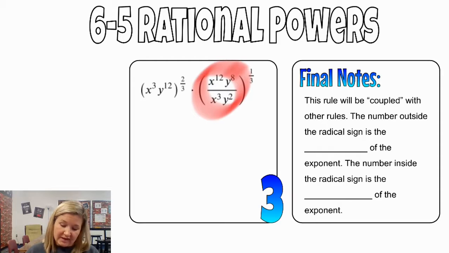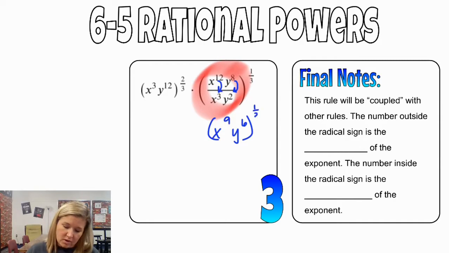Remember, when I divide, that means I'm going to subtract exponents. So that's going to be x to the 9th, y to the 6th. I took 12 minus 3, which gave me 9, and 8 minus 2 gave me 6 here. And that's raised to the 1/3 power. And then I still have x to the 3rd, y to the 12th, all raised to the 2/3 power.